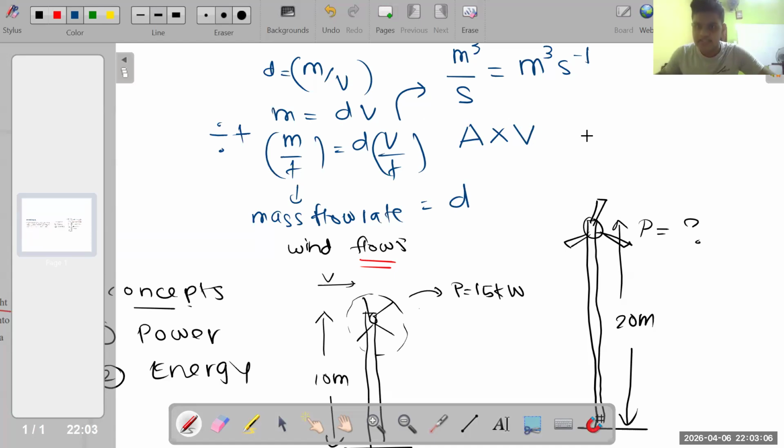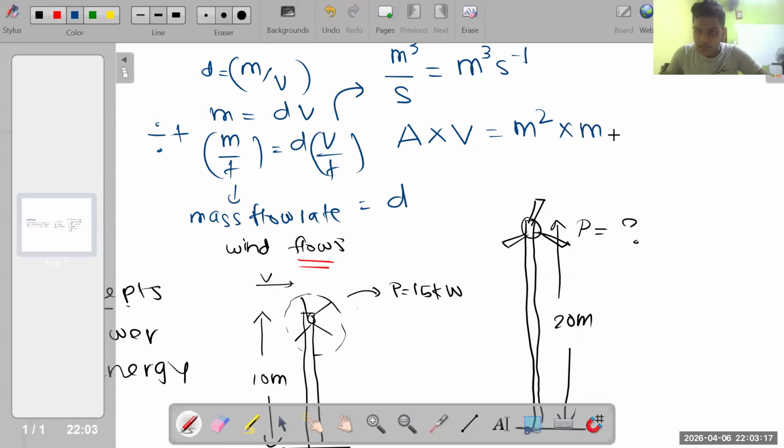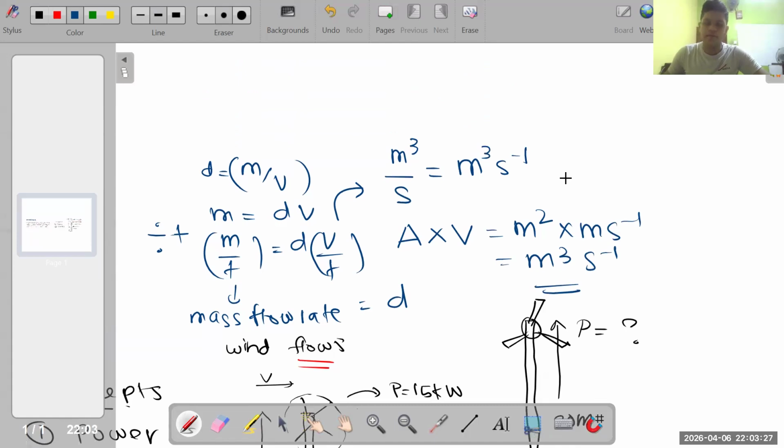Let's see whether it is matching. Surface area, what is the unit? Meter square. Velocity, what is the unit? m s minus 1. So meter into meter square equals meter cube, s minus 1 equals s minus 1. Both of them are matching, right?